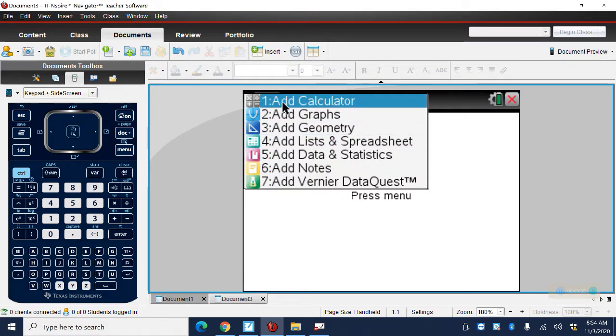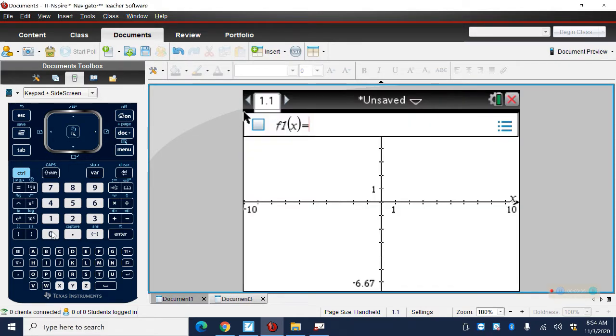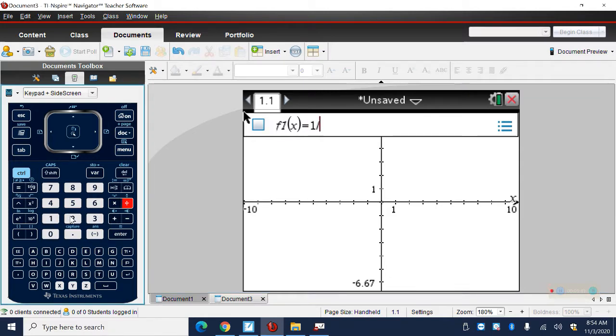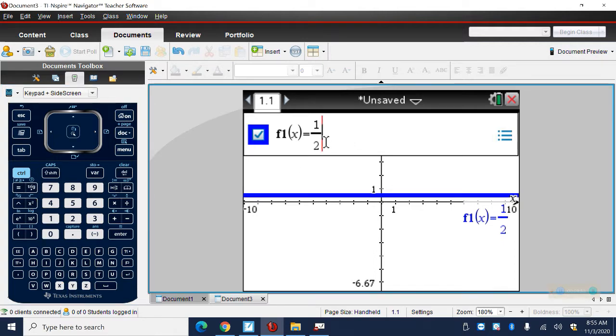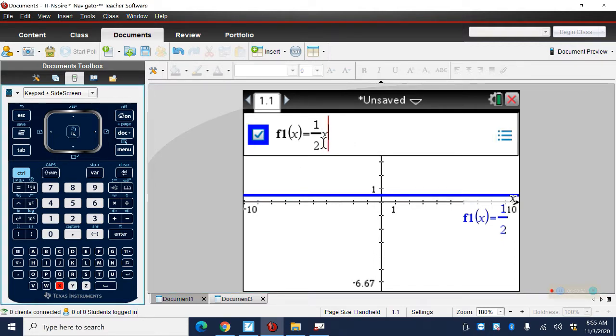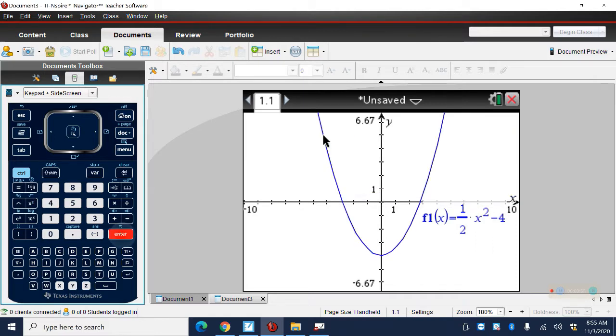I want a calculator page, and this is going to be 1 divided by 2 x squared, and that was going to be minus 4. It doesn't like me. And I hit enter. That is my graph, okay?